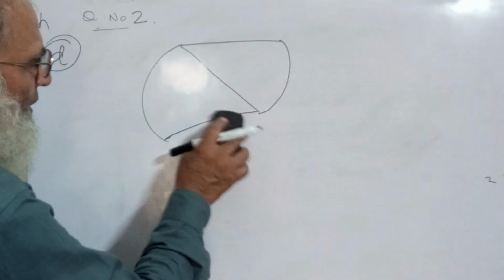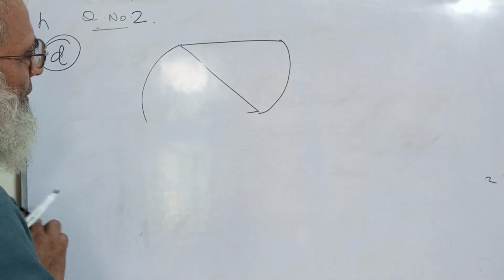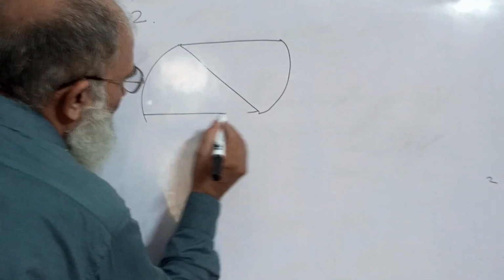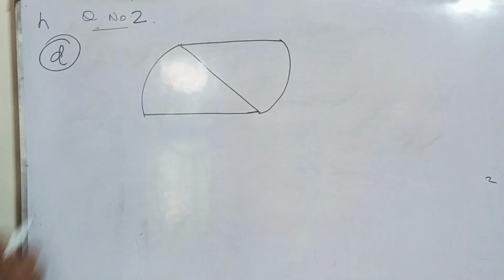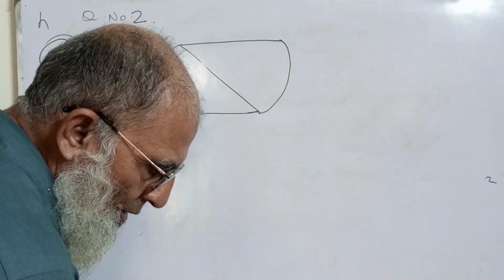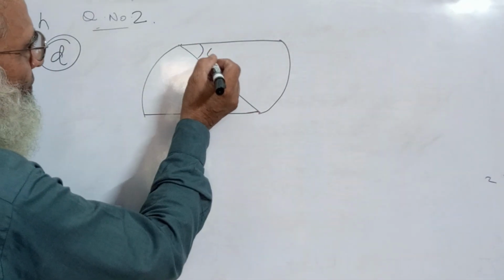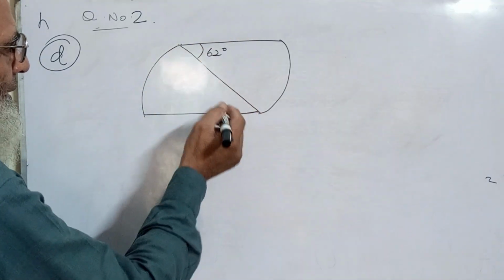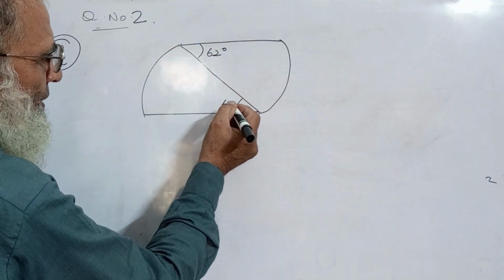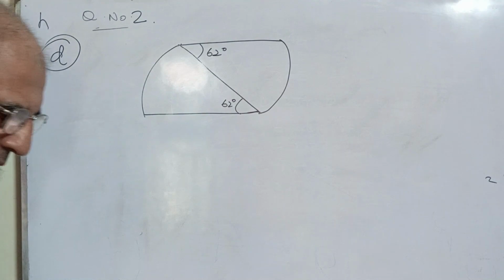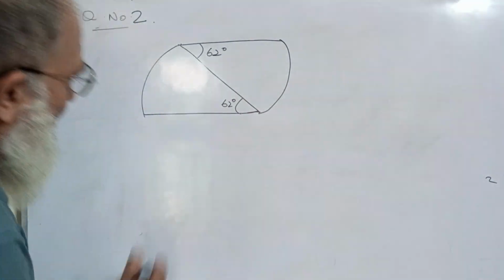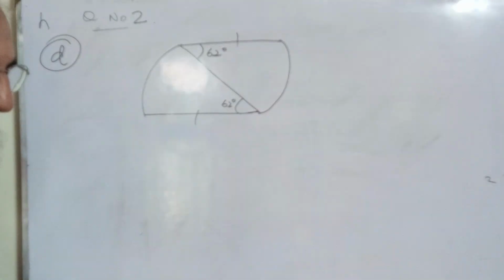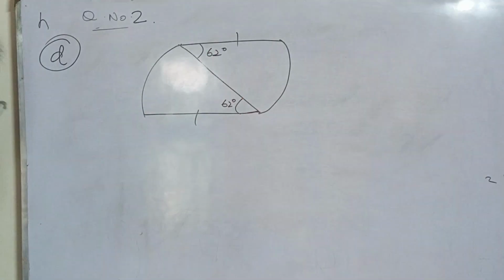Let me make it a little more presentable. Yes, now it is a little more presentable. Now this is 62 degree. Of course, when two parallel lines are cutting each other, it is again 62 degree, and it is also given. And parallel line is also given. This sign stands for parallel lines.